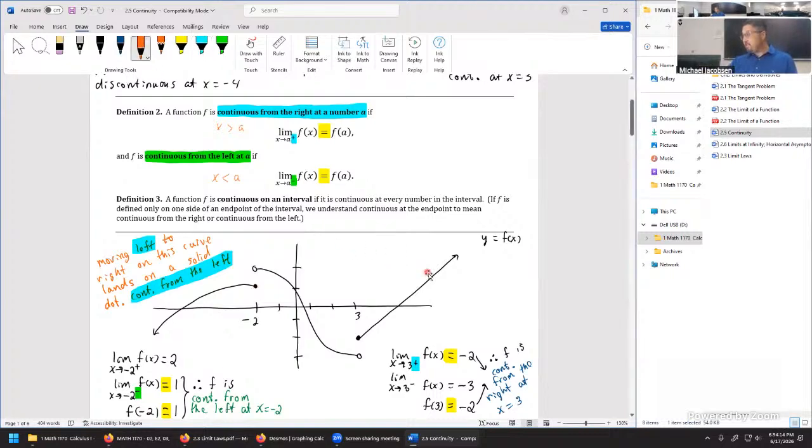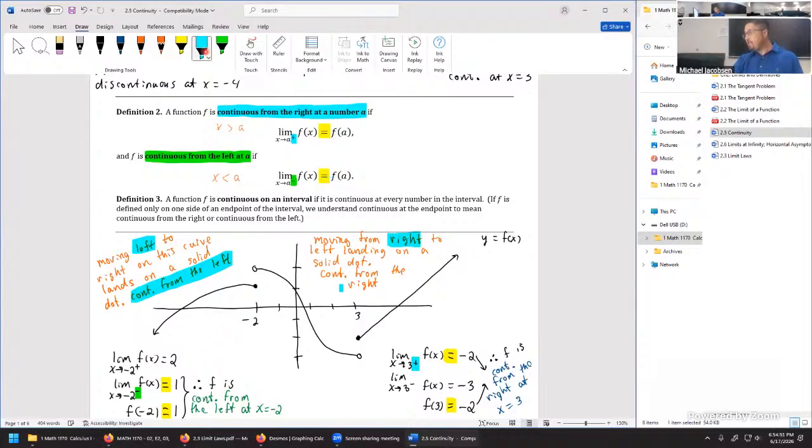And if you turn it around, if you're on this portion right here and you're moving from right to left, landing on a solid dot, that's the essence of continuous from the right.